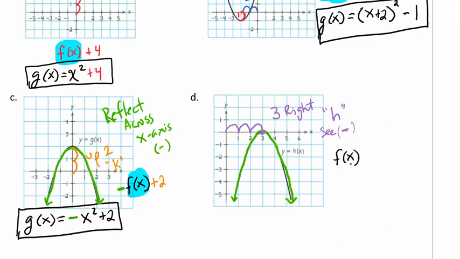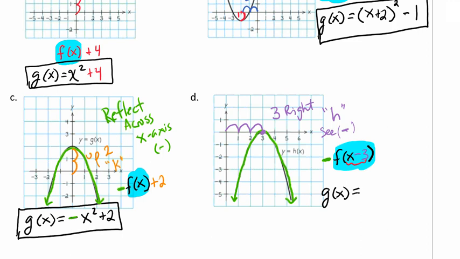So here we have our f of x, which is our parent function, right? But we know that we need to put in that minus 3 so that it'll move to the right. And because it reflected, there should be a negative sign in the front. So remember that that f of x is the x squared. But the x minus 3 will need to take the place of our x.